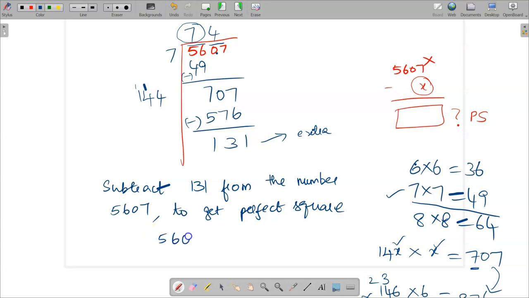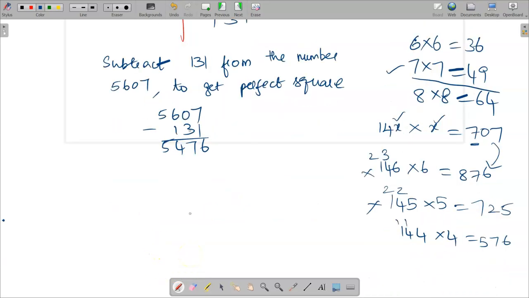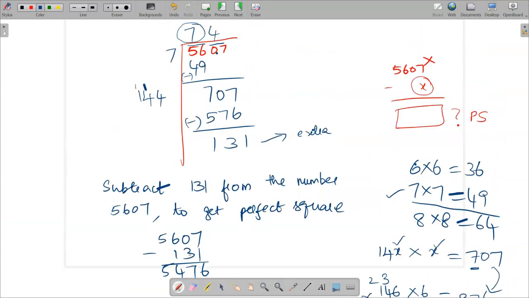So 5607 minus 131. 7 minus 1 is 6, 10 minus 3 is 7, you have 5, 5 minus 1 is 4. And then here 5. So 5476 is the nearest perfect square number after subtracting the number 131 from the given number.